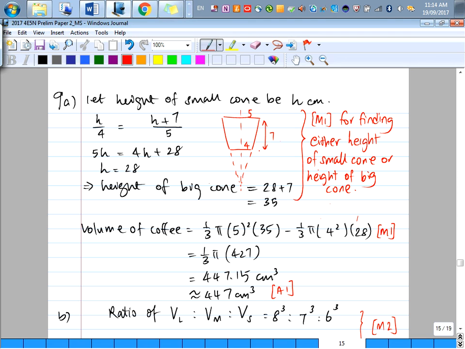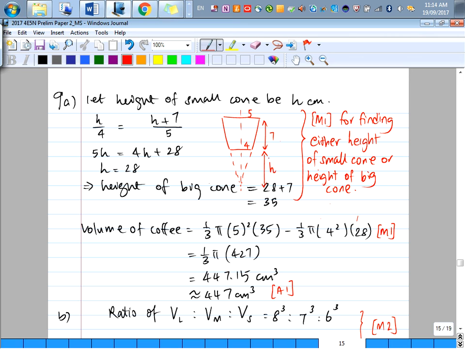Then, how I did this question is, I let the height of the small cone be h. So from here, this is h. So now we identify two similar triangles. We have a small one and a bigger one. Then we use the ratio of the dimensions will be the same.